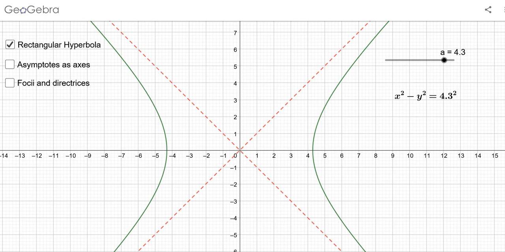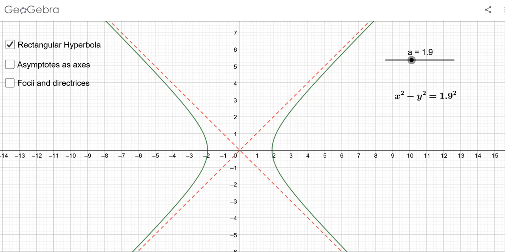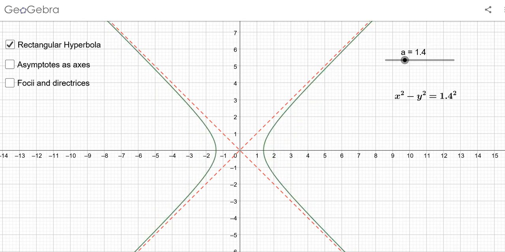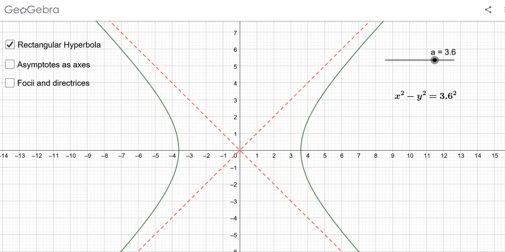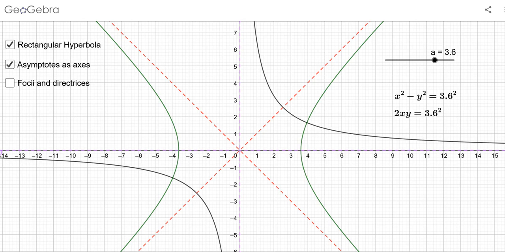So here we've got our rectangular hyperbola. You can see the value of a here is 4.3. As I change the value of a, I change how closely the hyperbola fits to the axes. So the equation for our hyperbola is x squared minus y squared equals a squared, 3.6 squared. Now if we plot the hyperbola with the asymptotes as the axes, you can see that we get that more familiar shape, and it is 2xy equals 3.6 squared, or in other words, xy is a squared on 2.